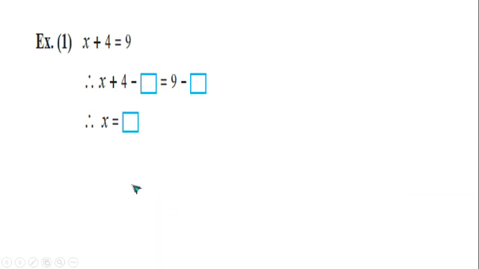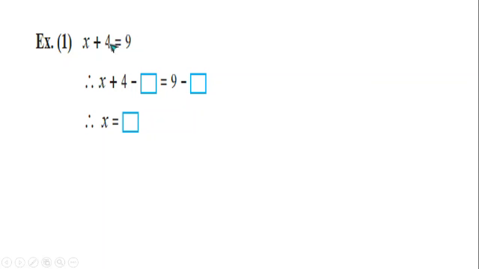So let's start with the first example. It says x plus 4 is equal to 9. Here we have the LHS as well as the RHS. I don't want this plus 4 in the LHS. I only need this x in the LHS. To remove this plus 4, I am going to subtract the same value, that is 4, from both the sides.